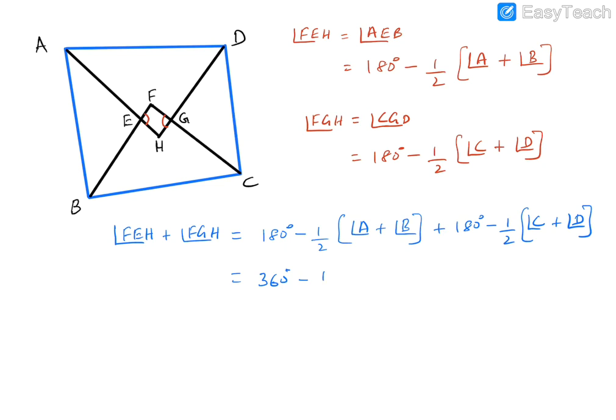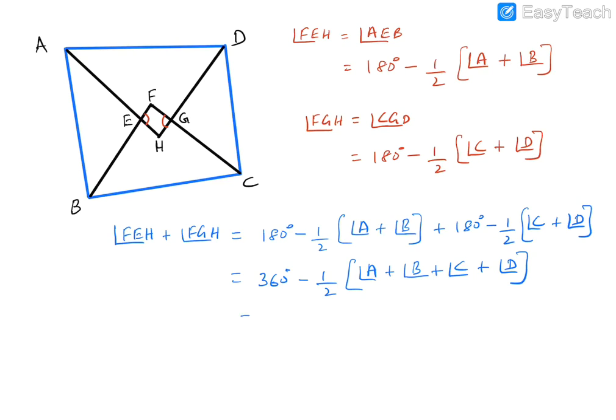We'll have minus half. We can have the half as a common factor again. If we take the half as a common factor, we'll have half into angle A plus angle B plus angle C plus angle D. Now what is angle A plus B plus C plus D? That is the sum of all the angles in this quadrilateral ABCD, and we know that the sum of all the angles in a quadrilateral is 360 degrees.